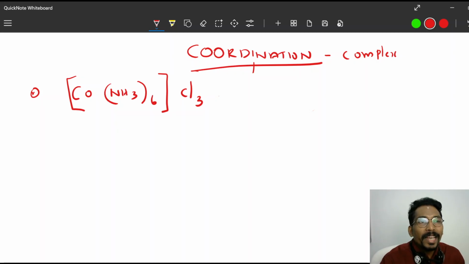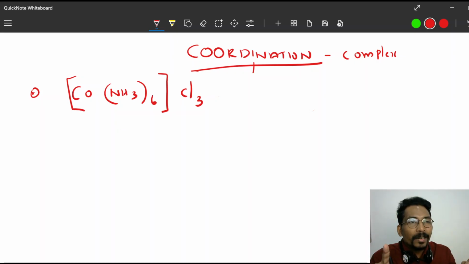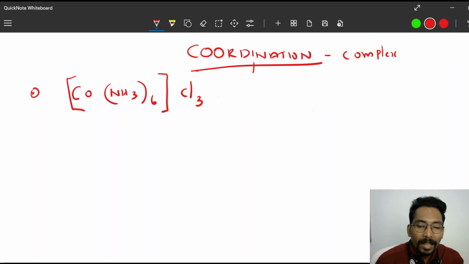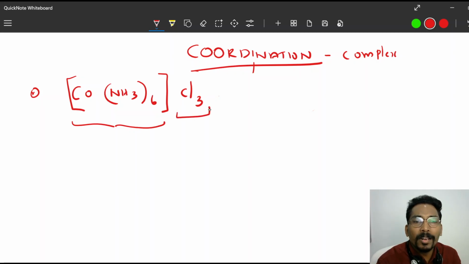They have a part which is in a square bracket, and one part is outside the square bracket. The part inside the square bracket is called the coordination sphere. That is the main part actually. This part outside is called the ionization sphere or counter ions.